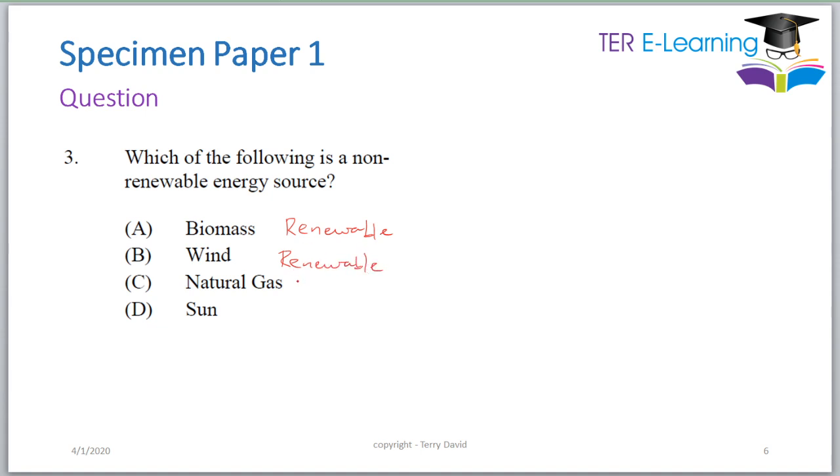Natural gas is non-renewable. The sun, however, is renewable. A non-renewable resource is like a fossil fuel. When we use it, that's it, it's going to be used up. So my answer has to be natural gas, because they're asking for a non-renewable energy source.